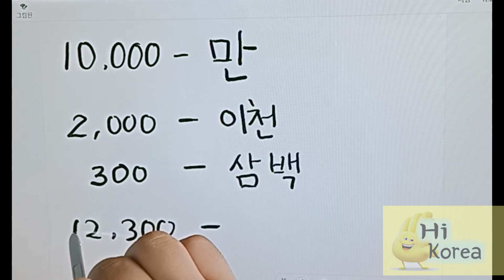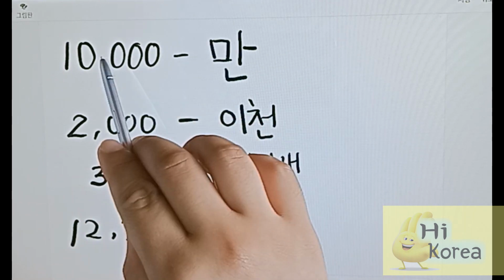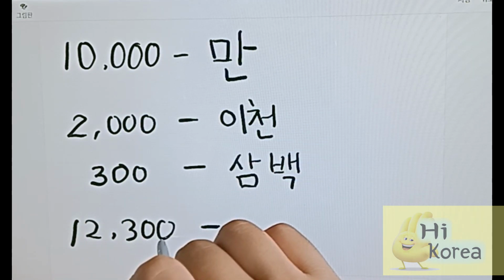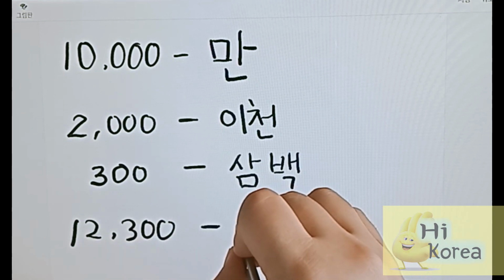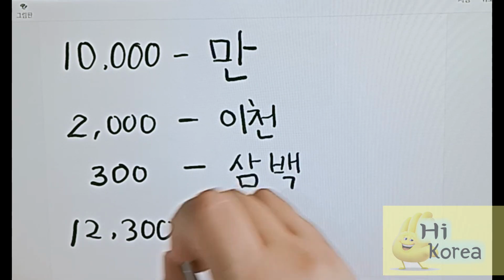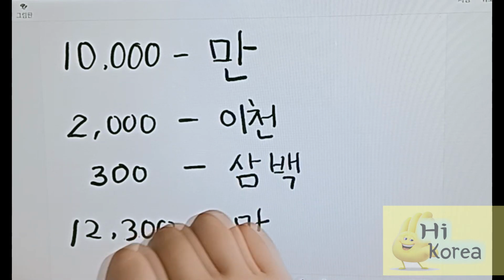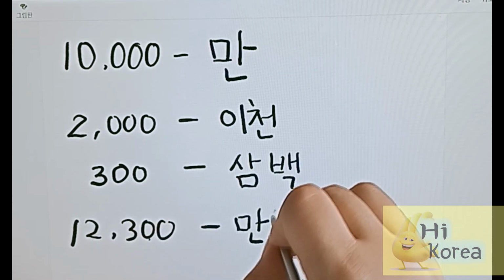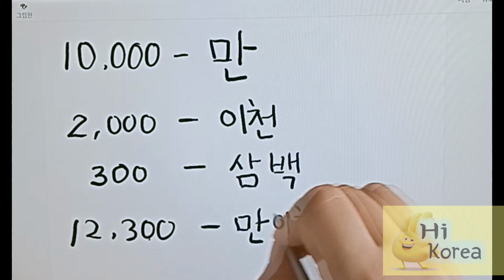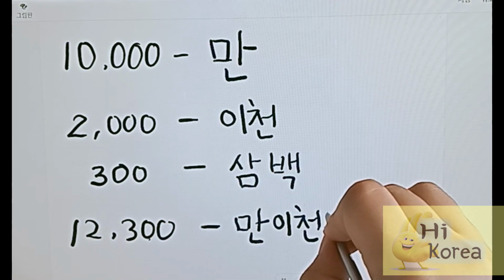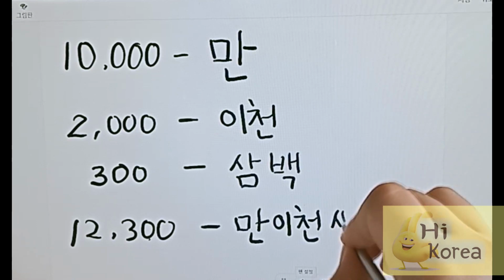This is man for 10,000. In English, ones, tens, hundred, thousand, 10,000. You have 만, 이천, ones, tens, hundred, thousand. 12,300.